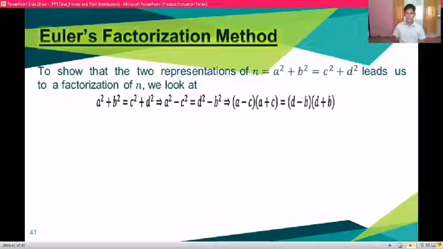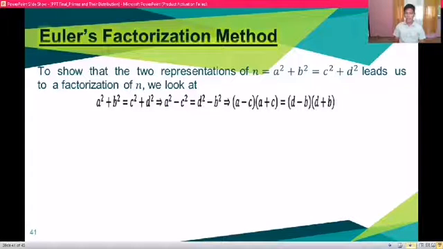This implies that a squared minus c squared is equal to d squared minus b squared. And also this implies that the quantity a minus c times the quantity a plus c is equal to the quantity d minus b multiplied by the quantity d plus b.